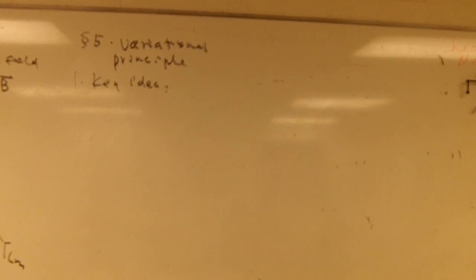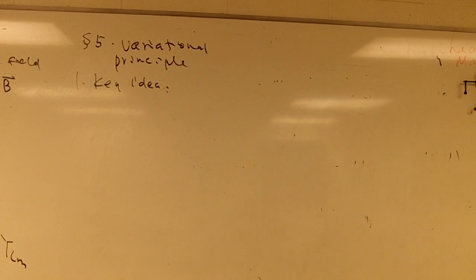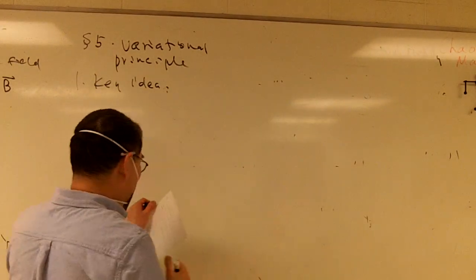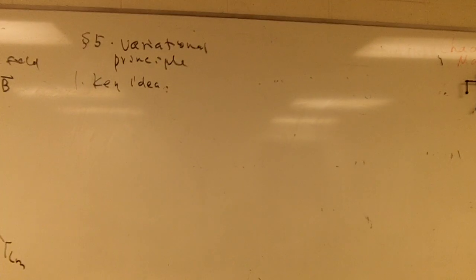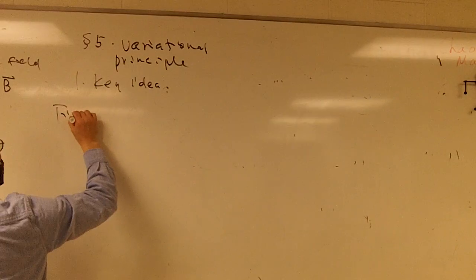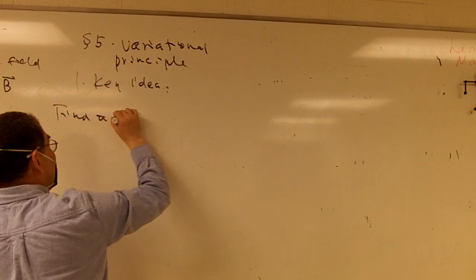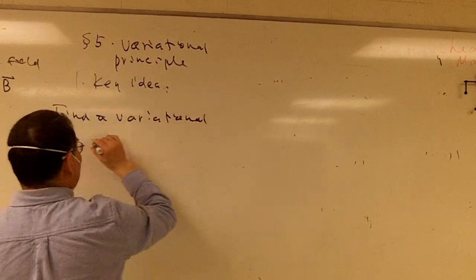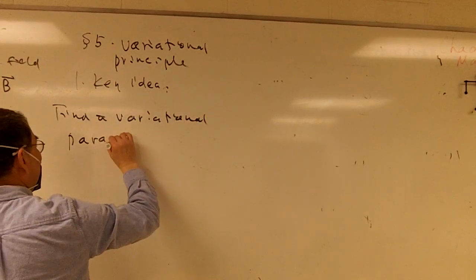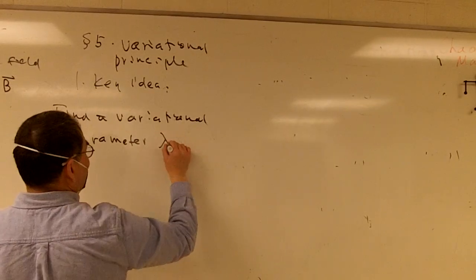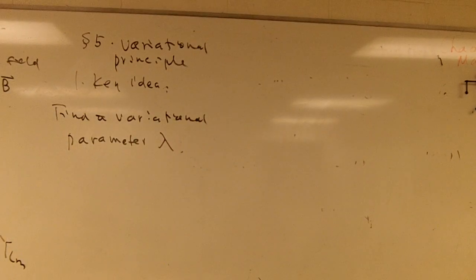The key idea, this is different from the perturbation theory. Perturbation theory just makes corrections, higher order, to make it better. And this is different. The key idea is we find one or many more variational parameters, maybe 1 or 2, but let's just call it lambda like this.